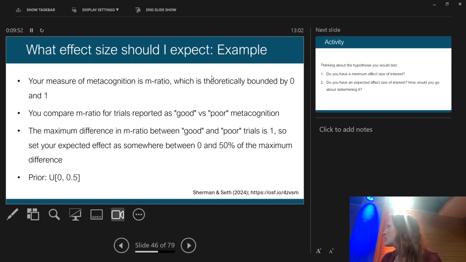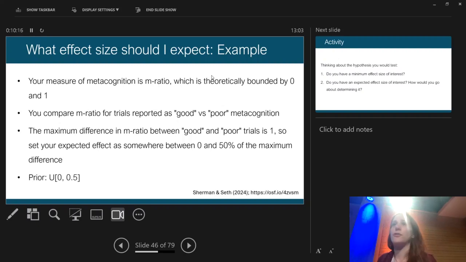That's ridiculous. So we just say we expect to have something between 0 and 50% of the maximum. So 0 and 0.5. Anywhere in that range is equally likely. I don't know. I really don't know what to expect. But then I set my Bayesian prior to be a uniform distribution from 0 to 0.5.